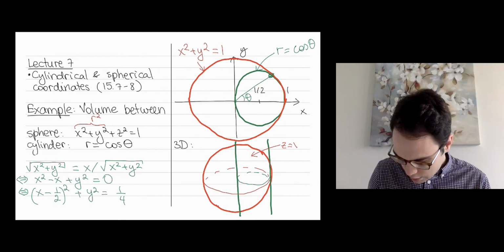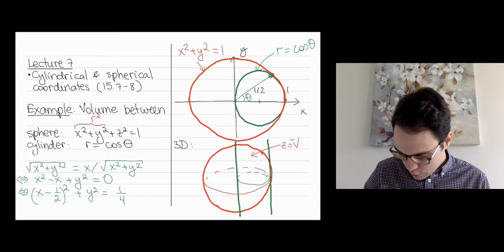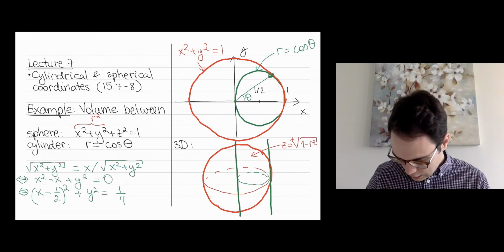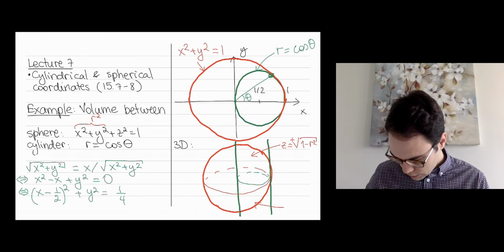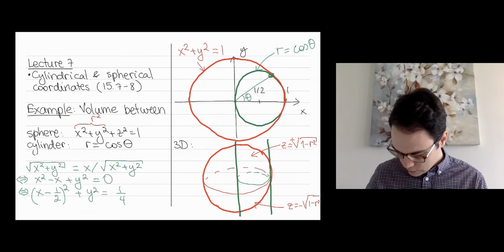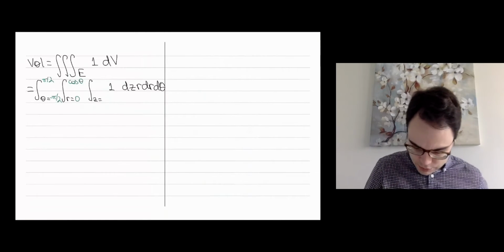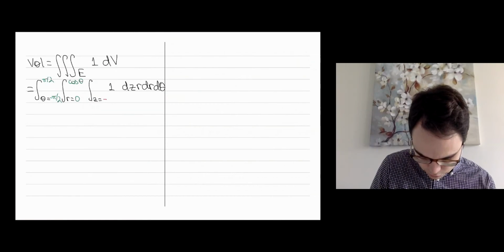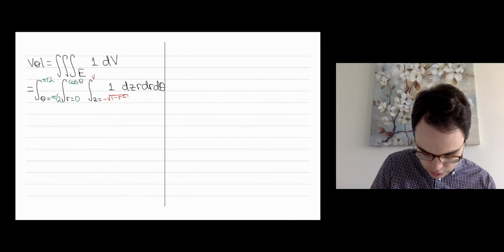At the top, z is the positive square root of 1 minus r squared, and at the bottom, z is the negative square root of 1 minus r squared. So the bounds for the innermost integral go from minus the root of 1 minus r squared to plus the root of 1 minus r squared.